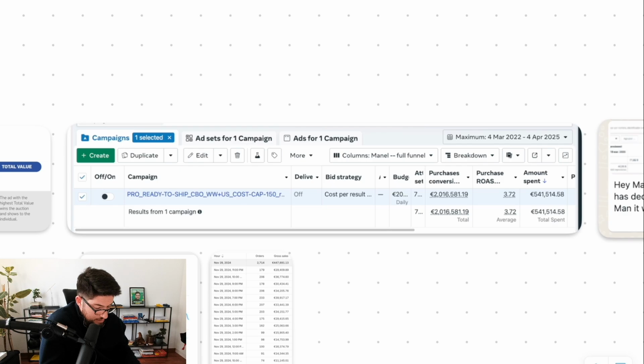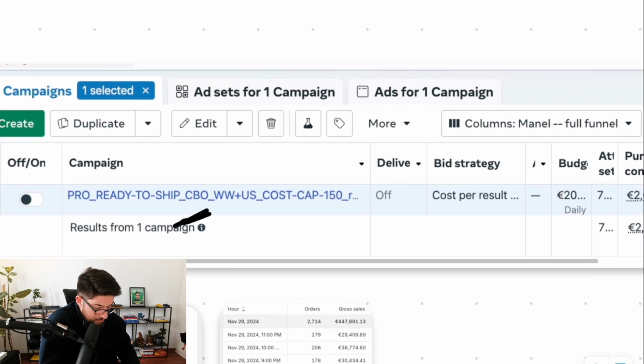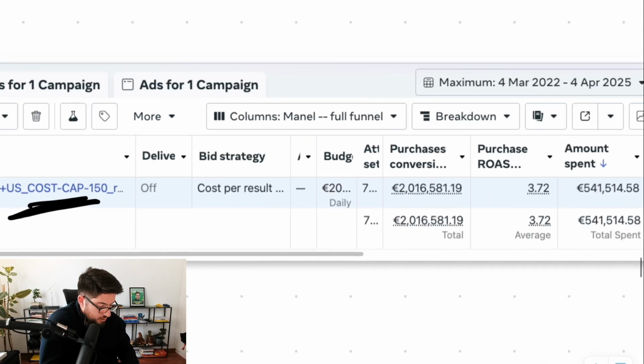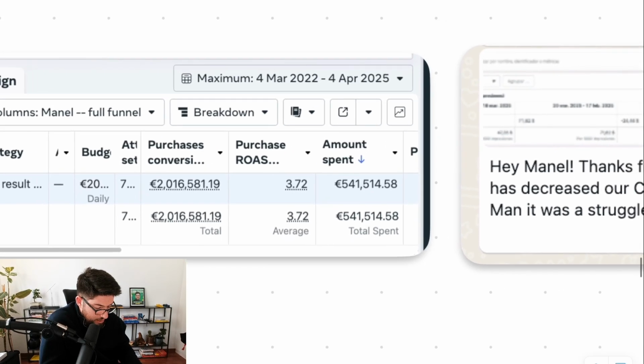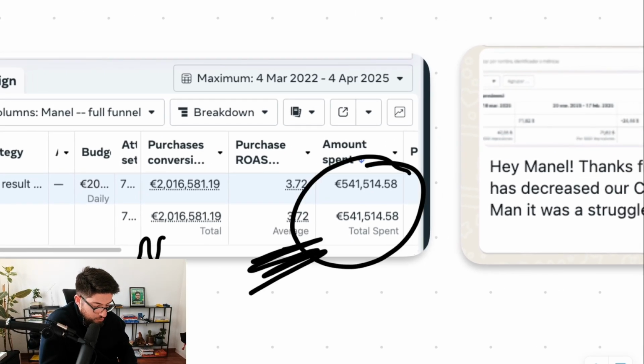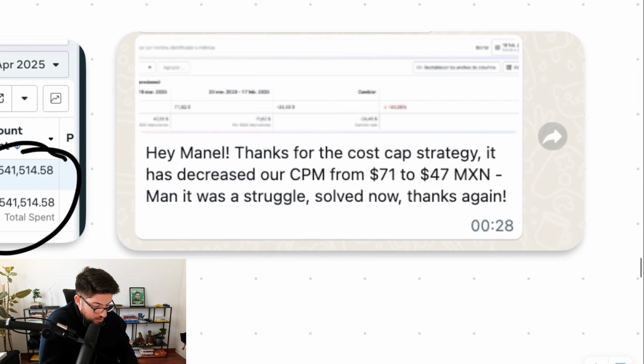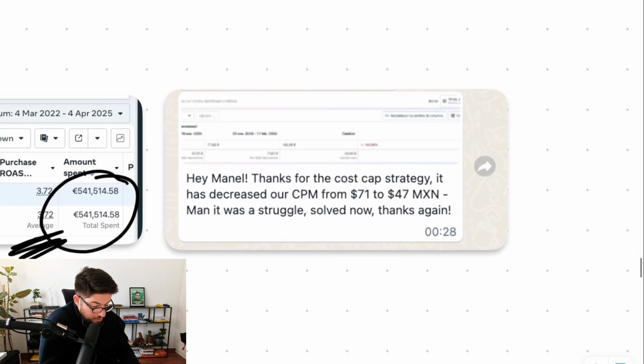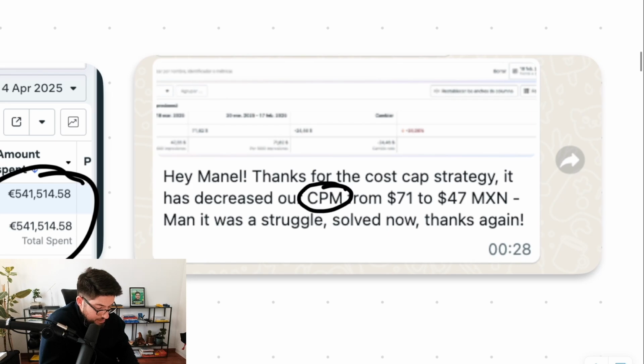As you can see in this case, I had a campaign that was a CBO with a cost cap of 150, and I managed to spend 500K with a ROAS of 3.72 and make 2 million for one of my clients. In this case, another coaching member decreased their CPM from 71 to 47 with the cost cap strategy.